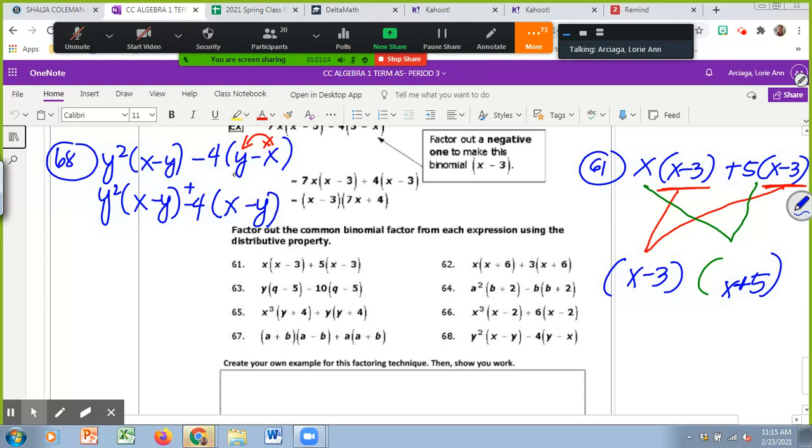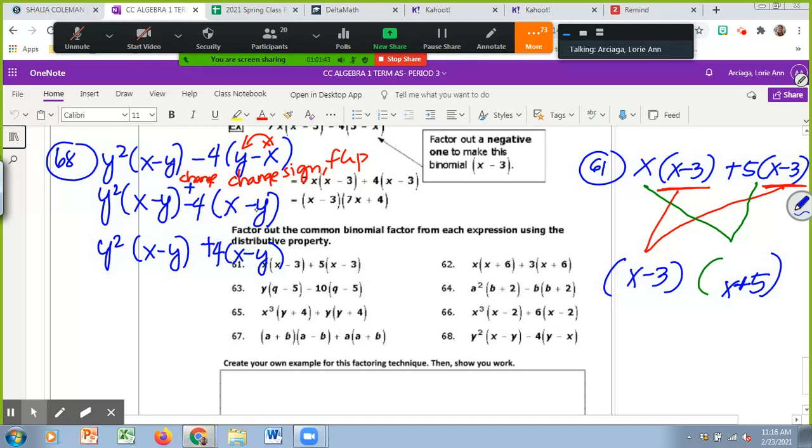So pretty much you're changing the signs inside the parentheses. -x became positive x, y became -y, but since you had to change the sign there, you also have to change the sign outside for the 4. So it will become y squared times x minus y plus 4 times x minus y.